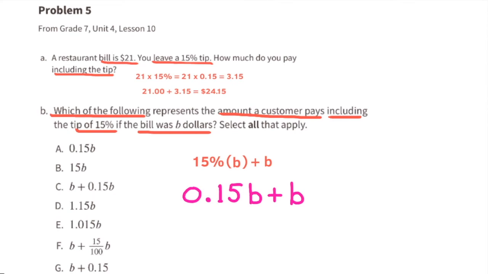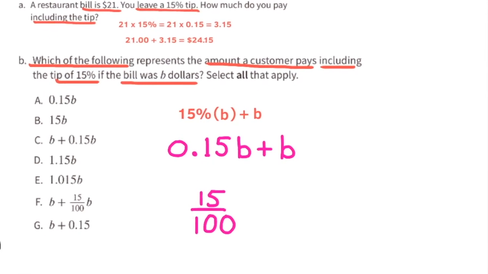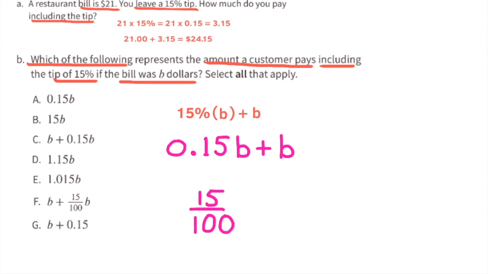The first part of this expression, 0.15 B, represents the tip, and then plus B, that represents the bill. 0.15 is also 15/100ths, and we can write 15/100ths as a fraction like this, 15 over 100. 15/100ths times B plus B. The order doesn't matter. We can also rewrite this as B plus 15/100ths B. This is a match with F.